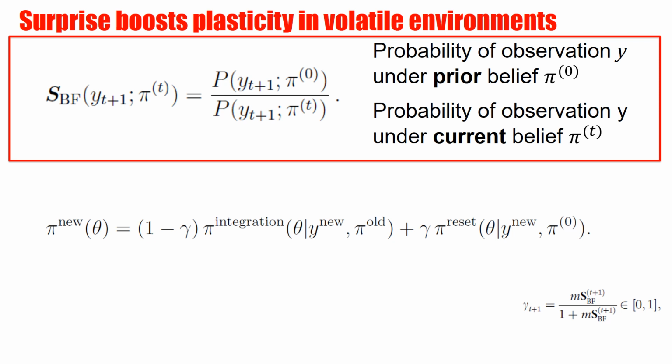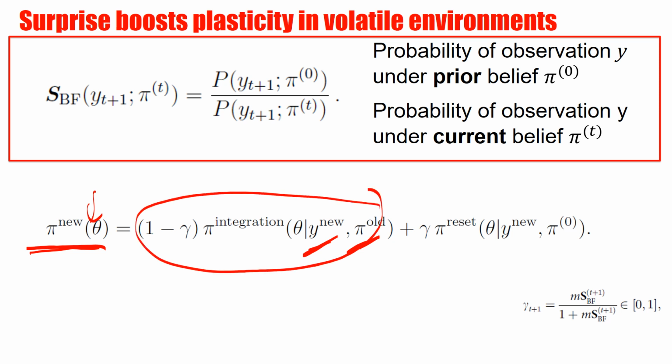We can look at the new belief, sort of what kind of mean theta would you say once you have integrated the next data point? You start with your old belief at time t, then you see the new data point at time t+1, and you integrate it with a standard Bayesian formula.